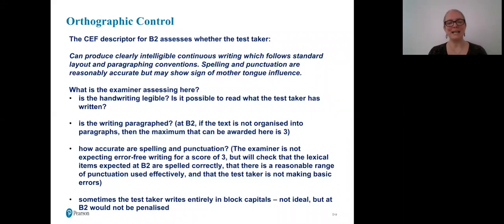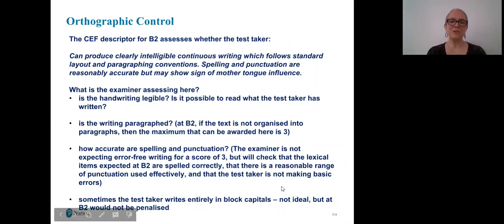So at level 3, we would be expecting all simple lexis to be spelled properly, but if the test taker is being a bit more adventurous and using some more subject specific, more complex vocabulary, then the odd spelling error would be okay, as long as we could understand what's being written.